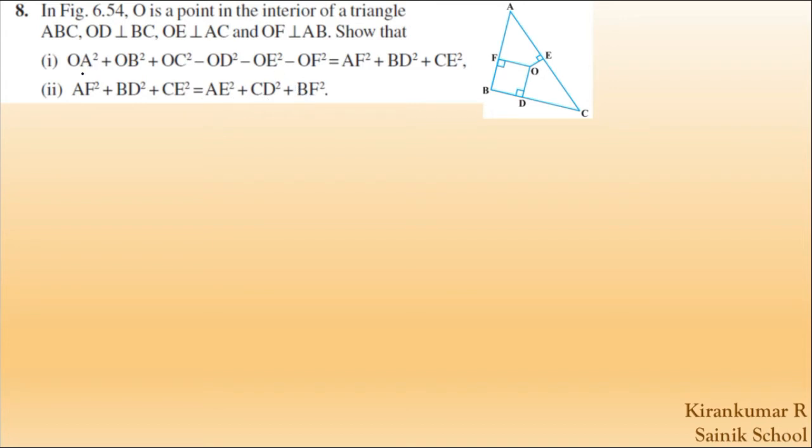If you observe here, OA, OB and OC, they are required. So let me join OA, OB and OC. I'll join them by dotted line. OA, OB and OC are joined together. Let's do the first one.